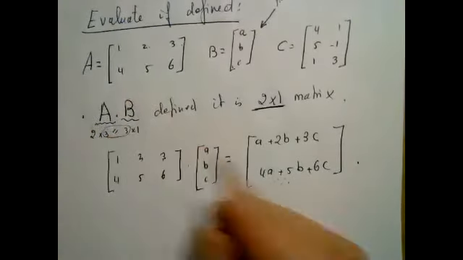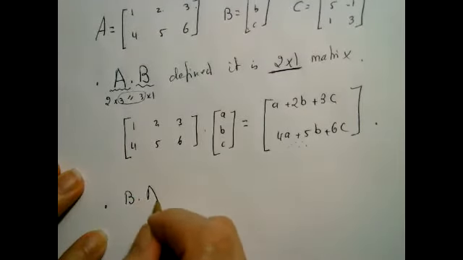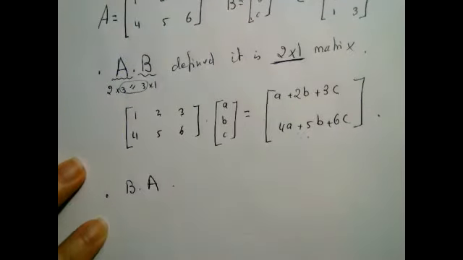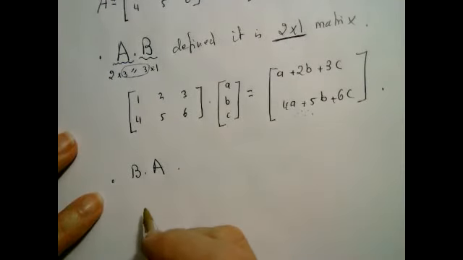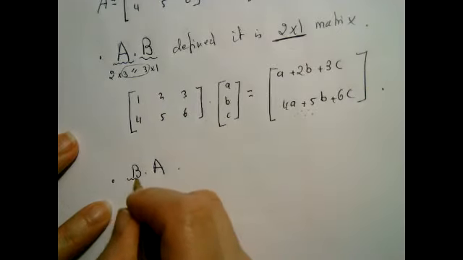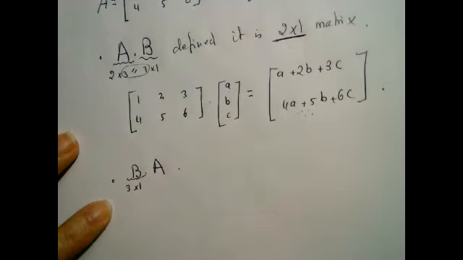All right, so let us do 2 more. Suppose I tell you BA. Defined, not defined? Watch carefully what I did. Analyze it. No. What's B? B is 3 by 1.